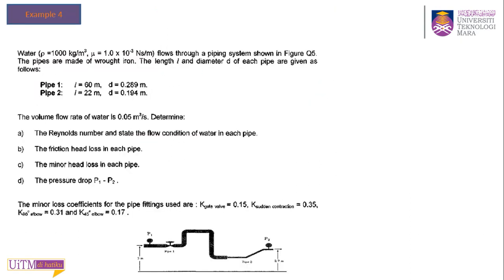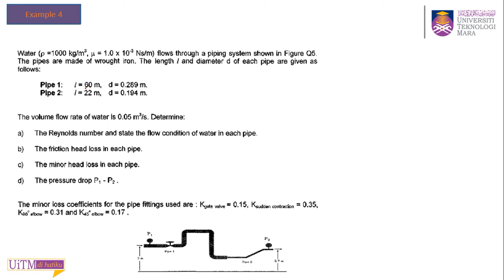Another example I show you here. They give you the water with the rho and the dynamic viscosity, flowing through a piping system shown in figure Q5. The pipes are made of wrought iron. The length and diameter of each pipe are given, so there are two different pipes.